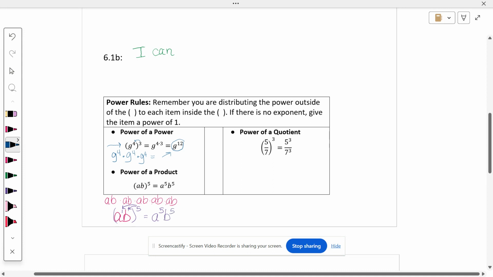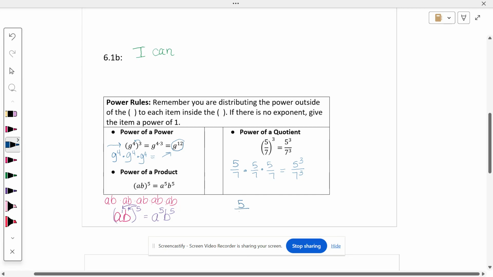Our last one is the power of a quotient. 5 sevenths to the power of 3, well, that's 5 over 7 times 5 over 7 times 5 over 7, which equals 5 to the 3rd power over 7 to the 3rd power.